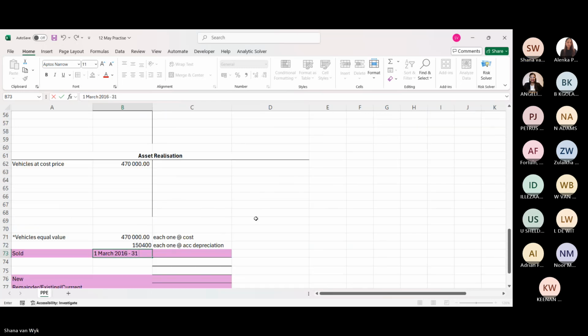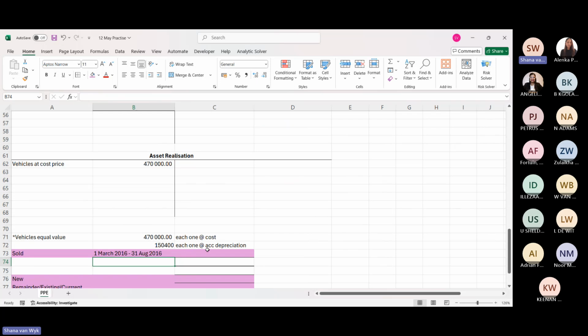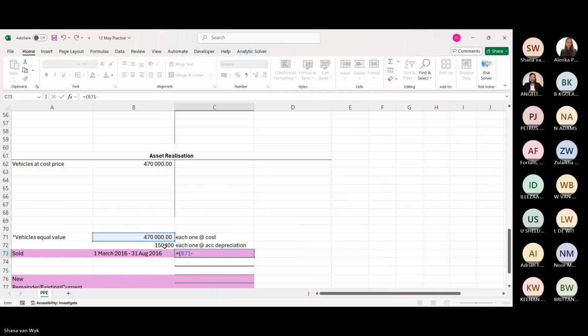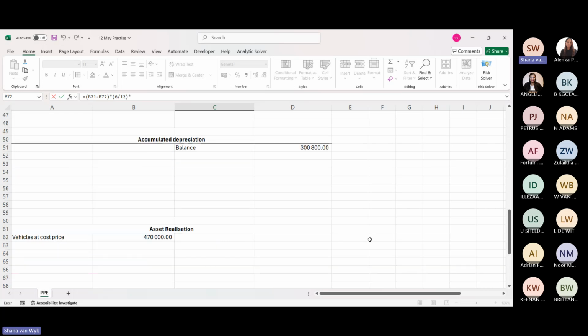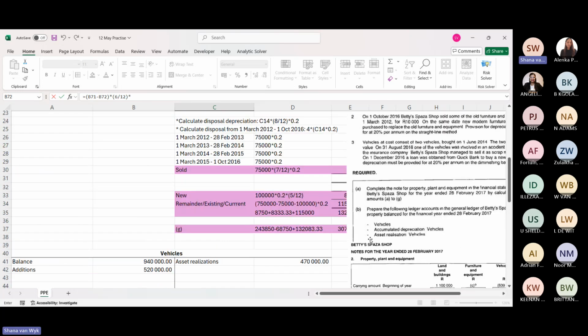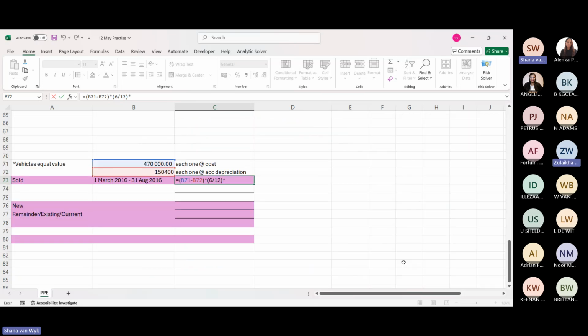31 August 2016. Okay. So up until it was sold, so then I said now it's for one value of one vehicle times 6/12, times what was our percentage? 20%.